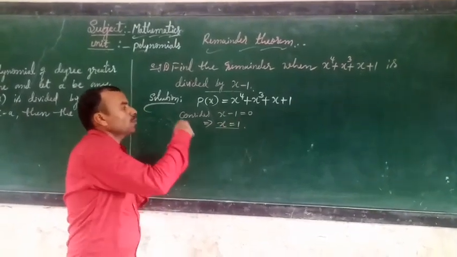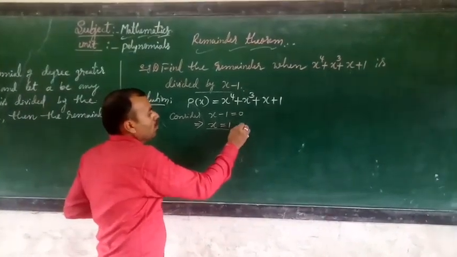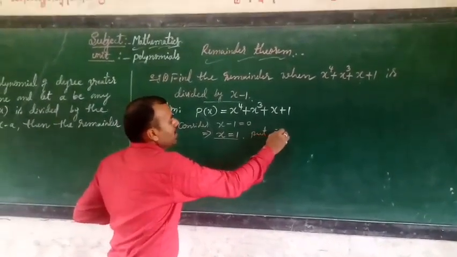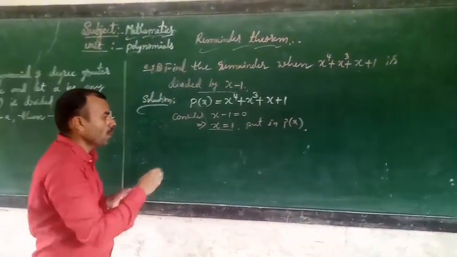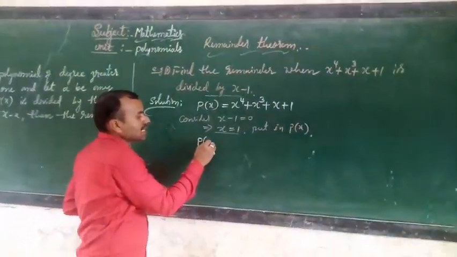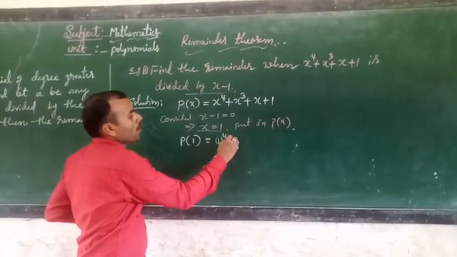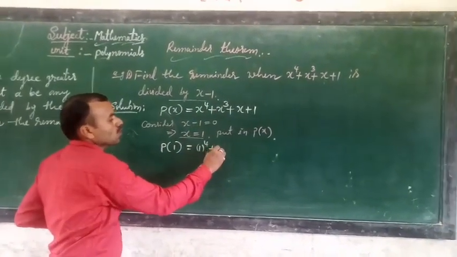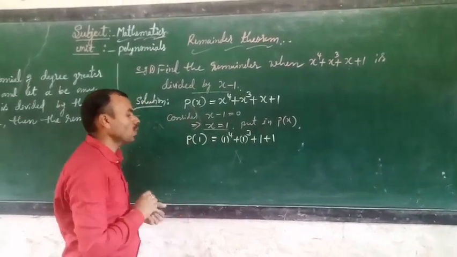This value we put in the polynomial p of x. So p of x, the value is 1: 1 to the power of 4 plus, in the place of x, 1 cube plus 1 plus 1.